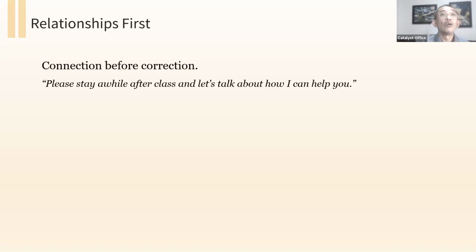Now, it emphasizes connection before correction. As you can see here, the teacher says, please stay a while after class and let's talk about how I can help you. So instead of saying, for instance, well, you did not submit the book report, so naturally you're going to get 0, there's no connection there anymore.